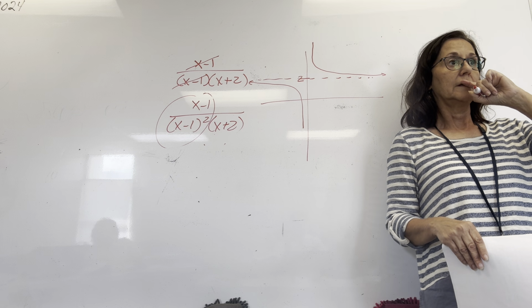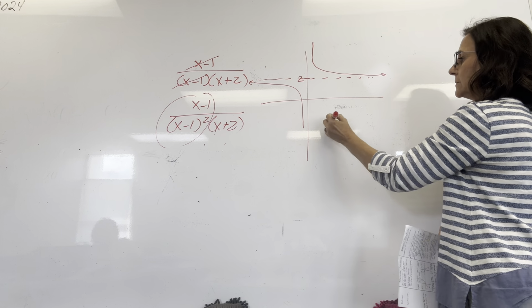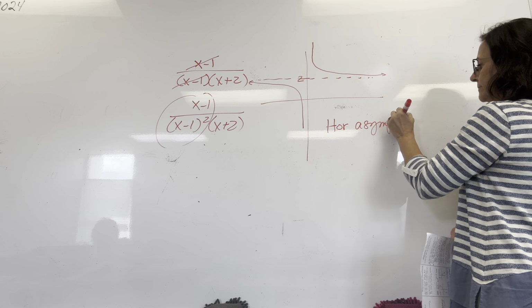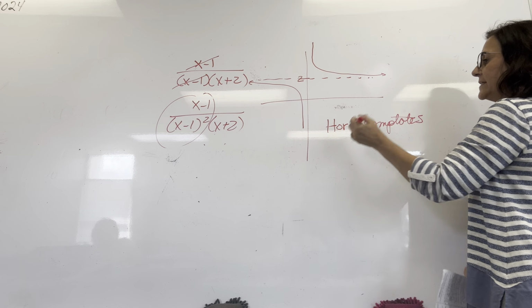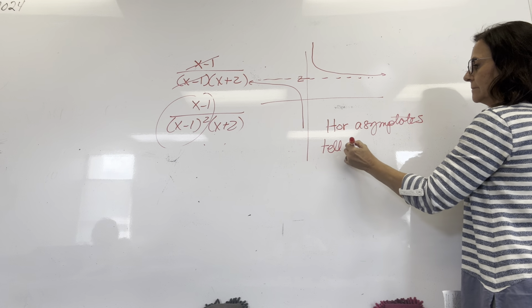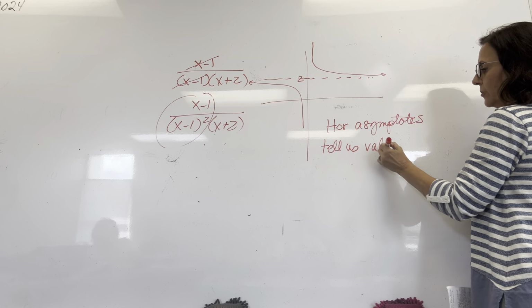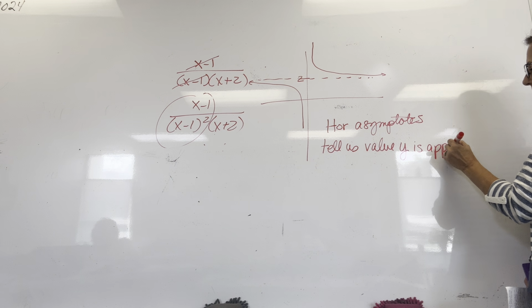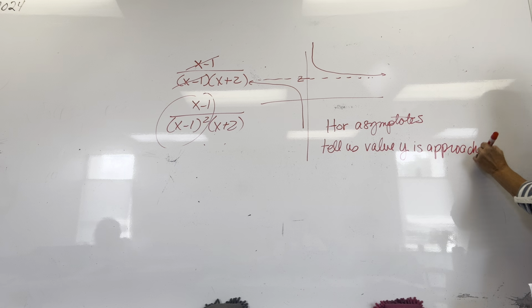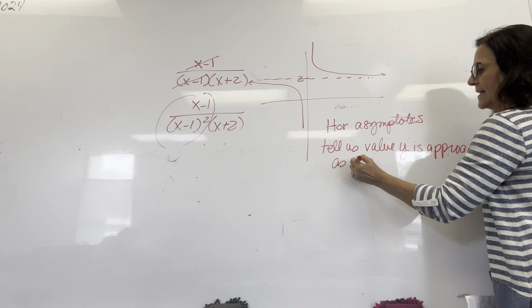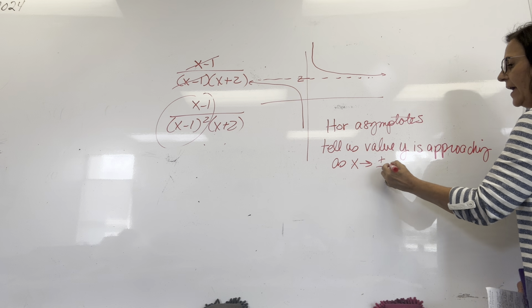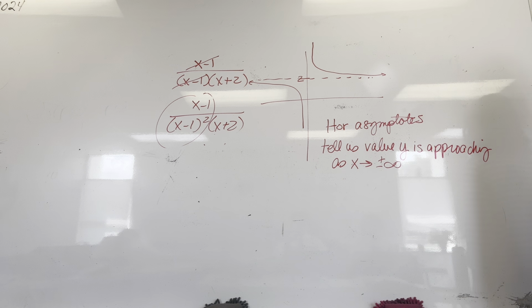Got it? Okay, so horizontal asymptotes tell us the value that y is approaching as x approaches, that's what the little arrow means, positive and negative infinity.